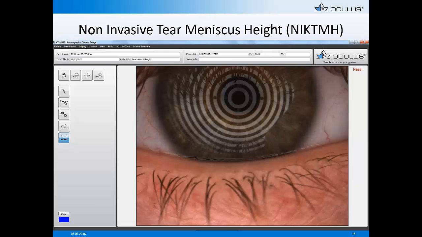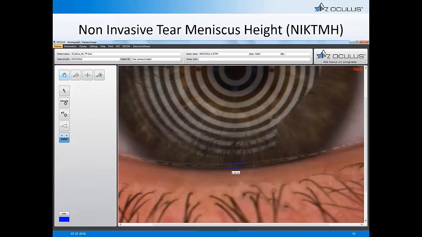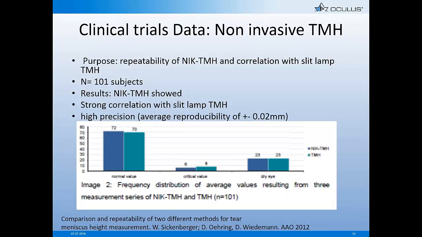With the tear meniscus height, an image is taken, and then calipers are used to measure the tear meniscus. Here are some studies showing the tear meniscus height. Compared to tear meniscus height on a slit lamp, it showed very strong correlation and good precision.